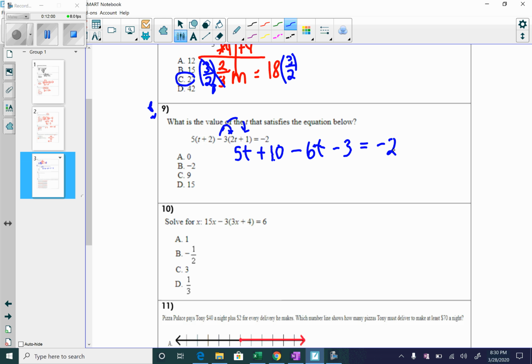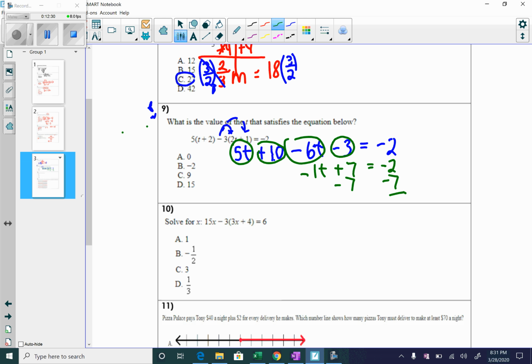Anyway, now we're going to go to combining like terms. So 5t plus -6t gives me -1t, or -t. And then I'm going to combine my constants. So when I combine positive 10 and -3, that gives me +7 equals -2.